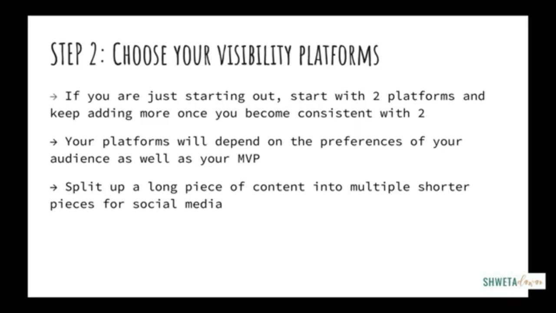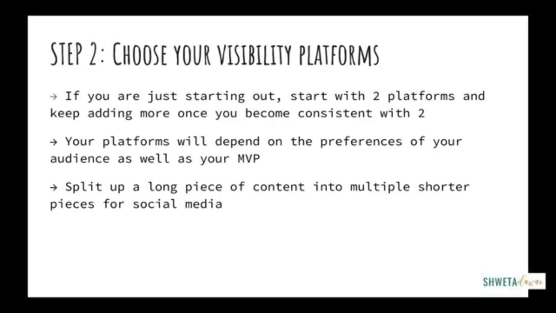Based on where your audience is at and what platform you think is necessary to grow your business. So again, once you've chosen your MVP, choose 2 to 3 platforms, not more than 3, because when you're just starting out with content repurposing, there are going to be so many steps that you need to take.